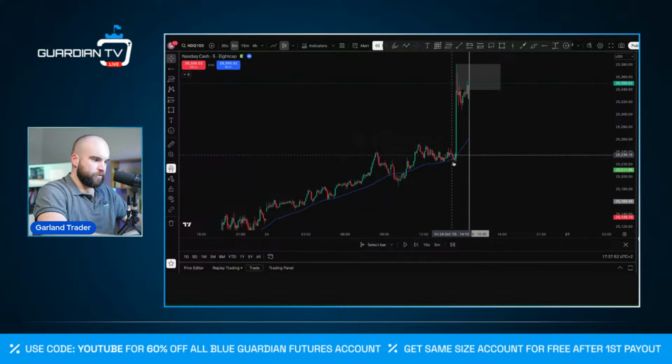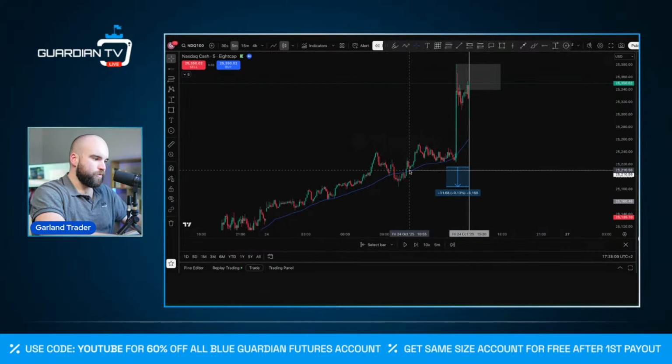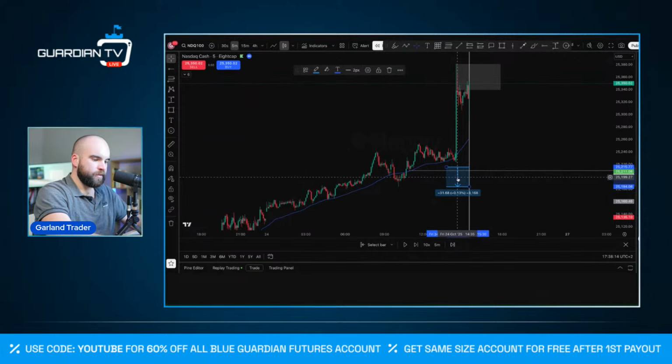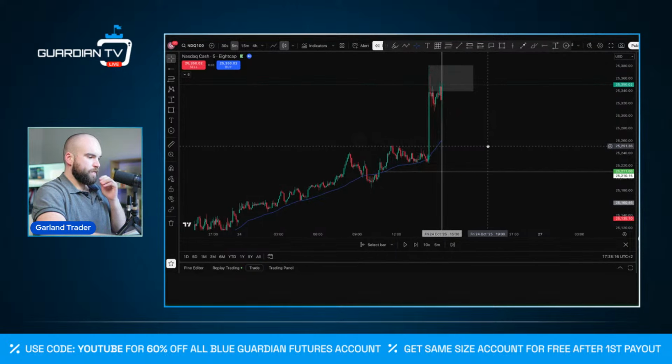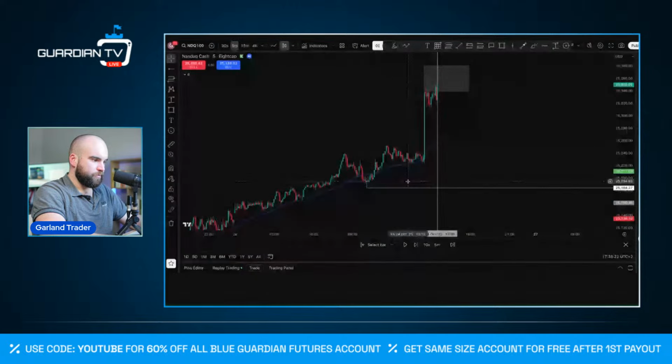So the closest you're going to get is this zone here, which then only gives you 14 points to the next zone. And then from that zone to the next zone, we've got around 30. So the lower zone would ideally be this zone right here, but it's quite tight. So taking a breakout on that zone is going to be quite tight. Ideally, I would like to see price push below here before I go short.